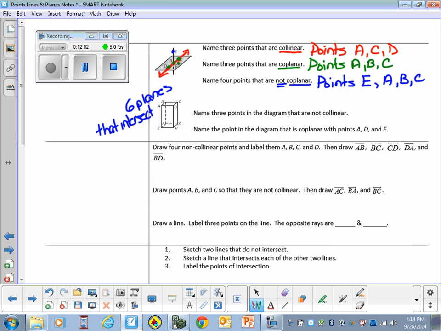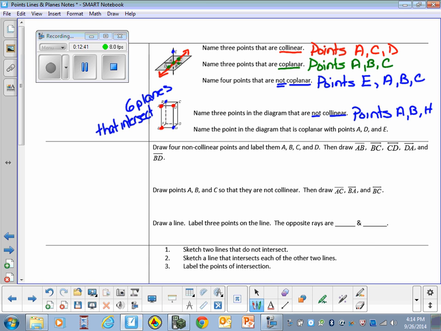So 3 points on the diagram that are not collinear. Well, how about A and B are collinear, but H is not on the same line with A and B. So let's say points A, B, and H. Now I want a point on this diagram that is coplanar with A, D, and E. So that means it's on the front of this prism.